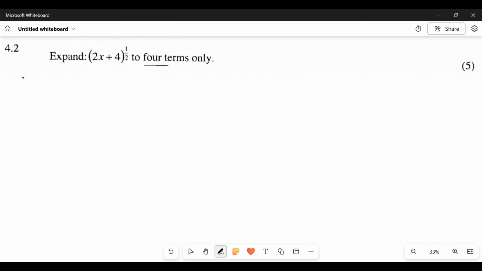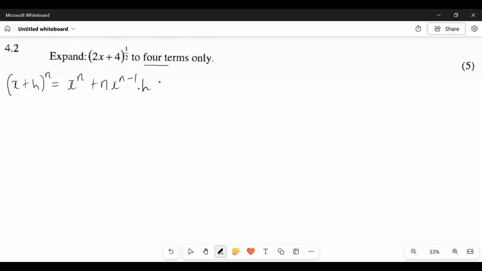All right, people. So the formula for the binomial theorem, let me show you very quickly. We have (x plus h) to the power of n. When we expand it, the first term is going to be x to the power of n. The second term is going to be n multiplied by x to the power of n minus 1 multiplied by h.